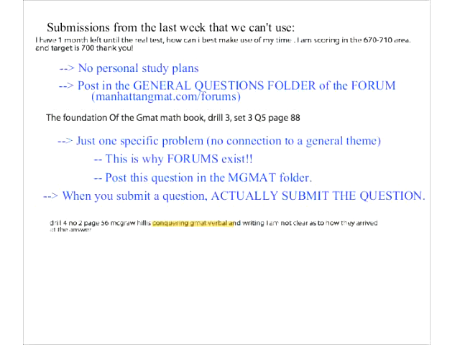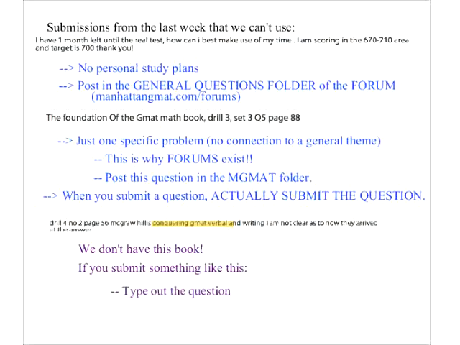We don't. We don't have random books by companies that are not us. So if you submit something like this, the first thing you have to do is type out the question, but then you also have to connect it to a more general theme. Otherwise, just please post it on the forum.